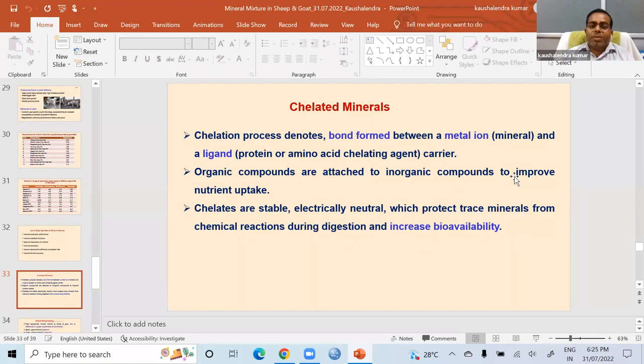Organic compounds are attached to the inorganic compound, which improves nutrient uptake. Finally, when we use chelated minerals, it increases the bioavailability of the minerals in the system.